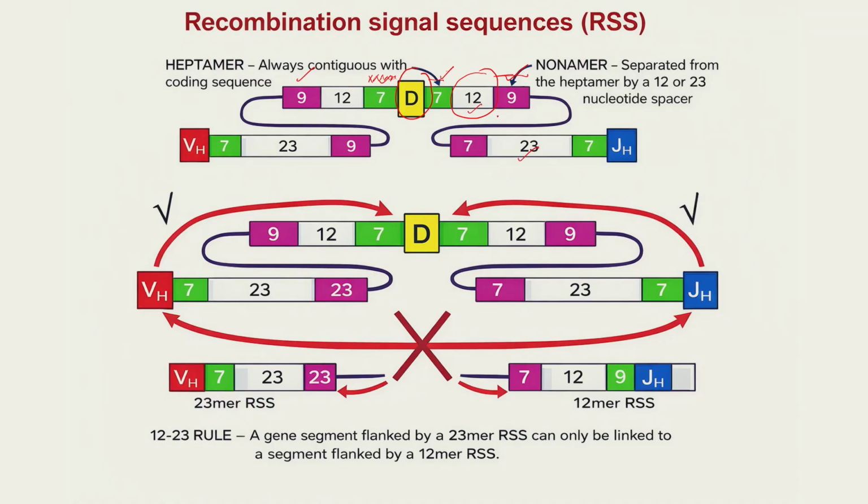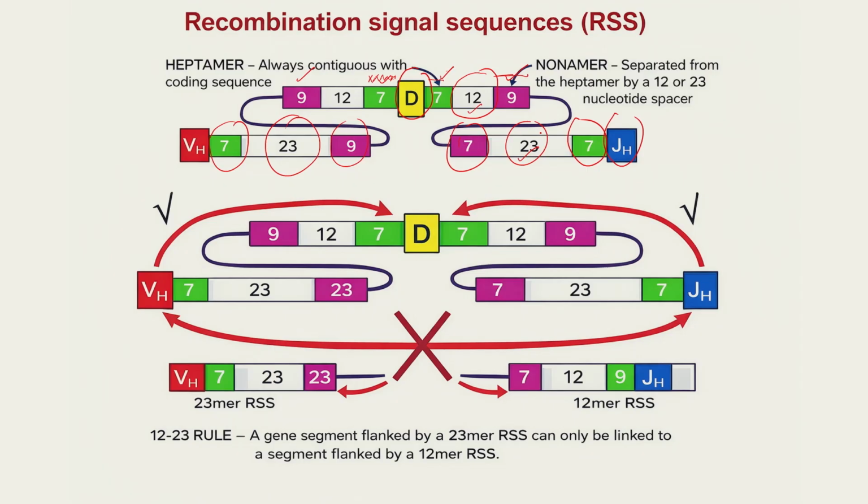Just for the pictorial representation, we are showing here that in case of D, we are flanked by the 7, 12 and 9, but in case of V, we are flanked by 7, 23 and 9. And here also in J chain, it is 7, 23, 9.